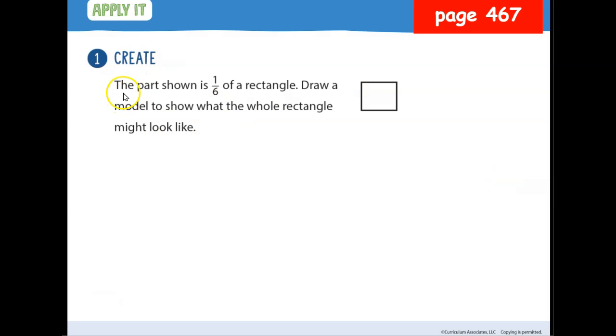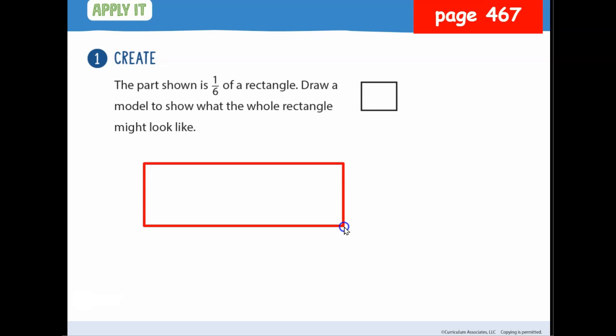It says create. It says the part shown is 1/6 of a rectangle. Draw a model to show what the whole rectangle might look like. Go ahead and do that for me first. So what shape am I going to need? A rectangle, right?